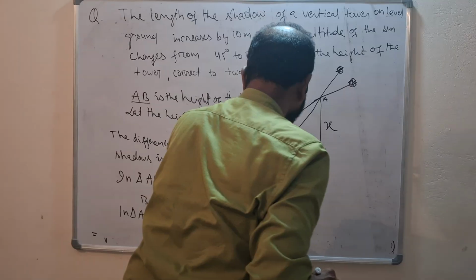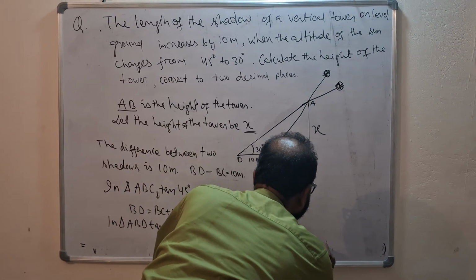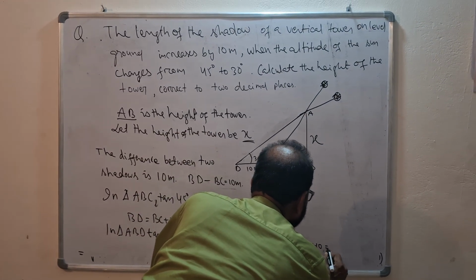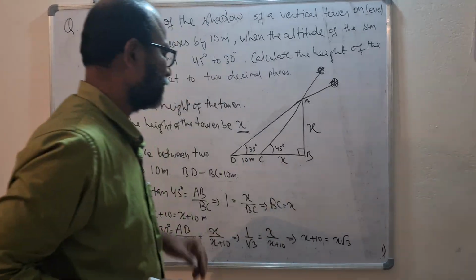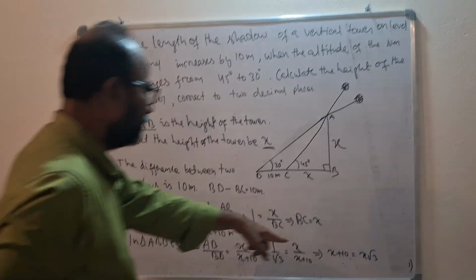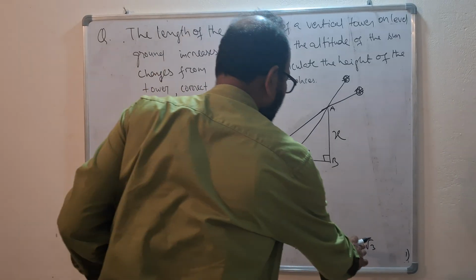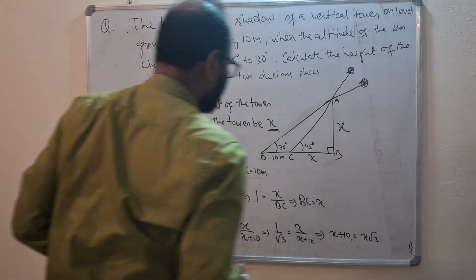This implies x plus 10 is equal to x root 3, or x root 3 minus x is equal to 10.